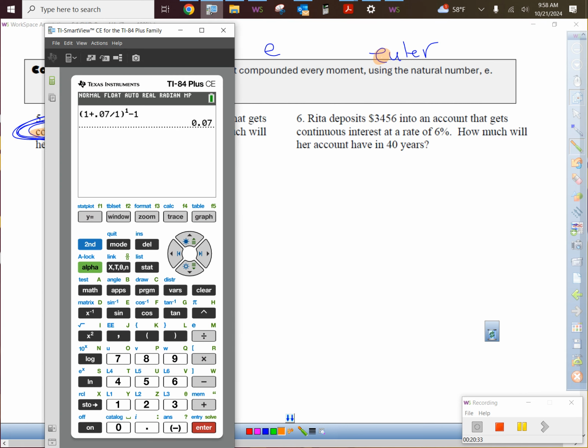So we punch it in, and to find the E button on my calculator, do you see the number 4? Go to the left of it. We have a button called LN, but right above it, do you see E to the X, in blue right there? So we will do 1,000, and then I hit the second button to get E. My calculator automatically raises it up to an exponent already.